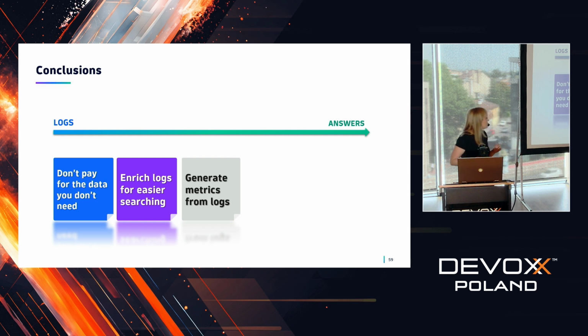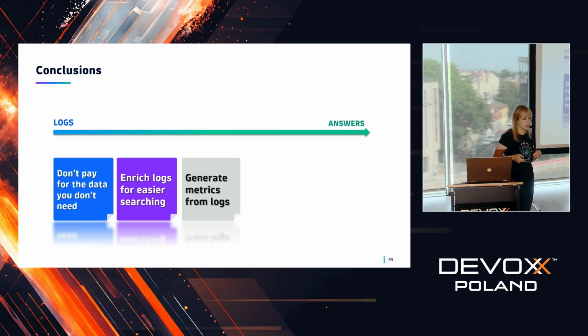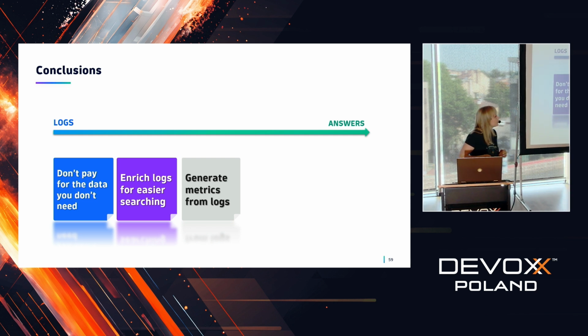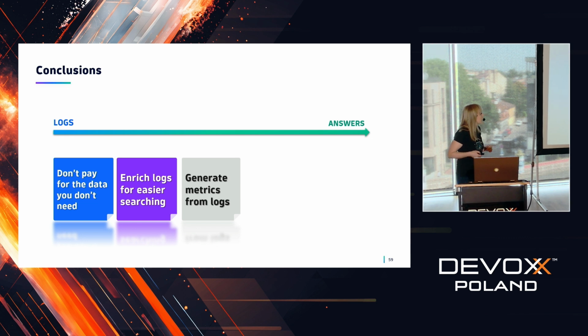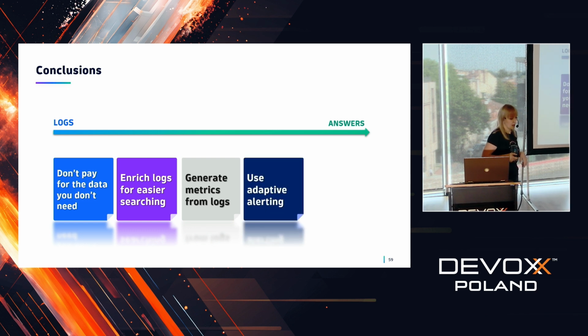Think about metrics that we could generate from logs because they give us a really nice overview of what is going on in our system, and they also allow you to make the log monitoring more cost effective. Configure alerting, but make it as adaptive as possible to avoid this over-alerting issue.